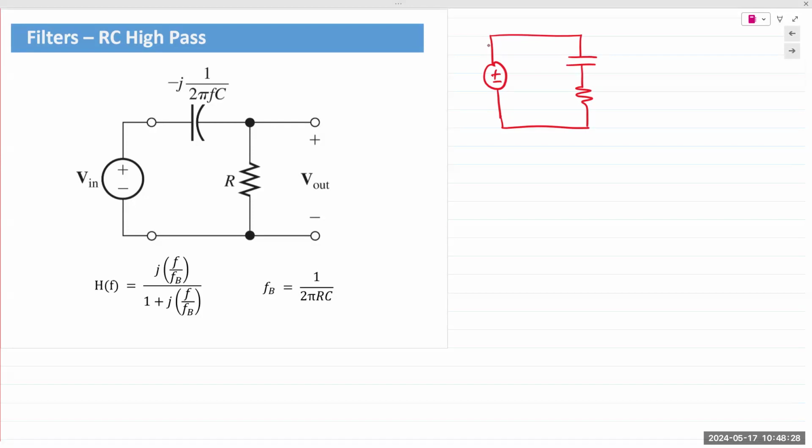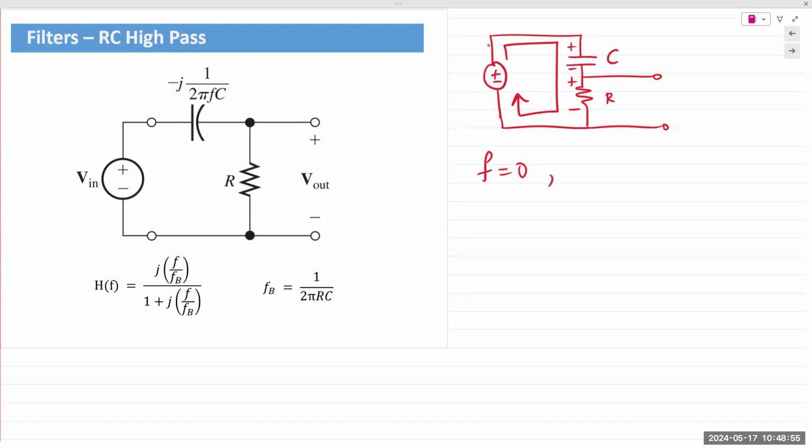Okay. So plus minus, and the output is now across the resistor. If you use the same handy dandy table and model the circuit at low and high frequencies, this is what you'd obtain.